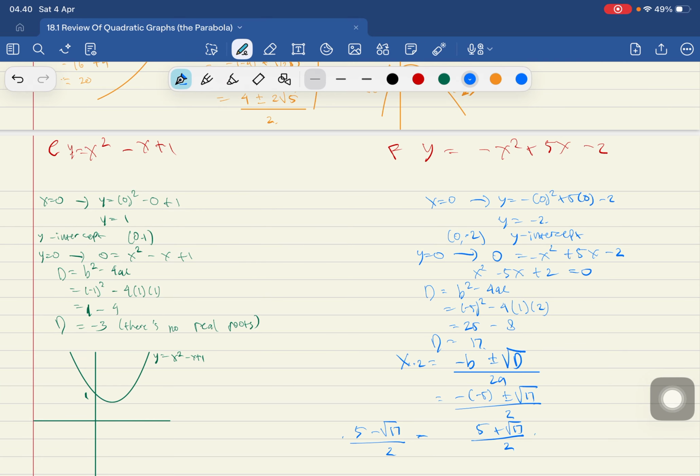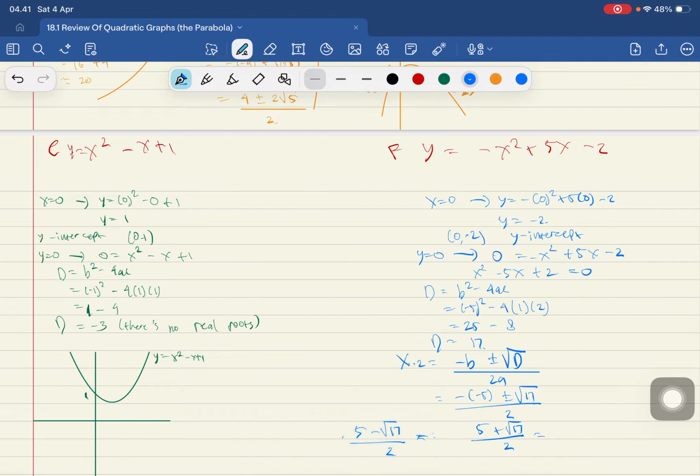Let us find the answer. You can use a calculator to solve this problem. 5 minus square root of 17, and we divide by 2.